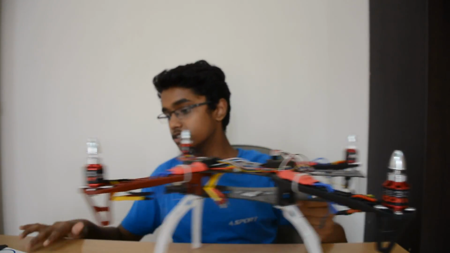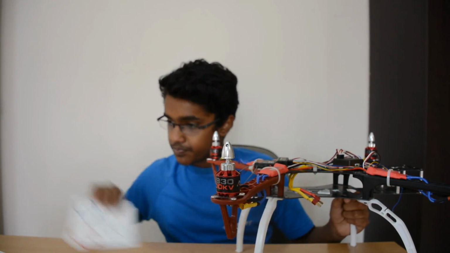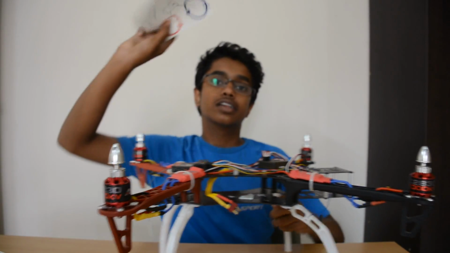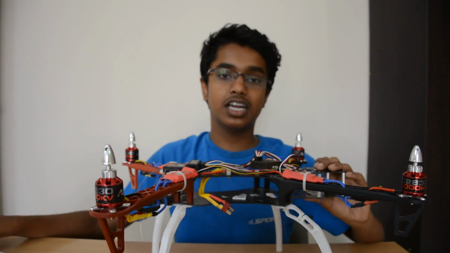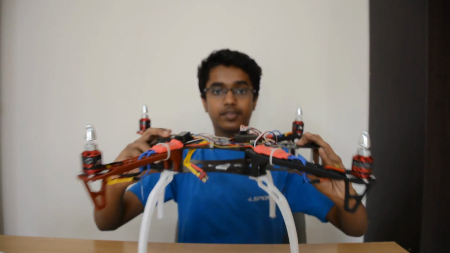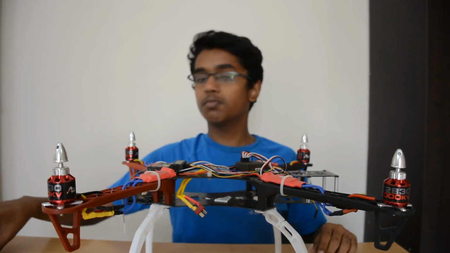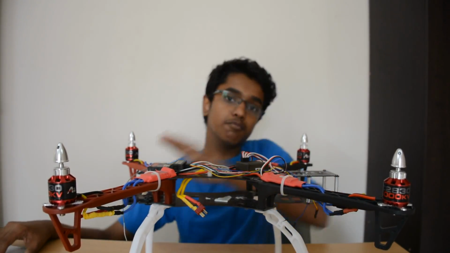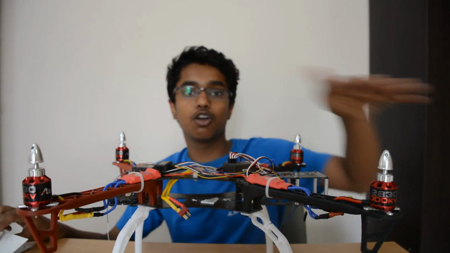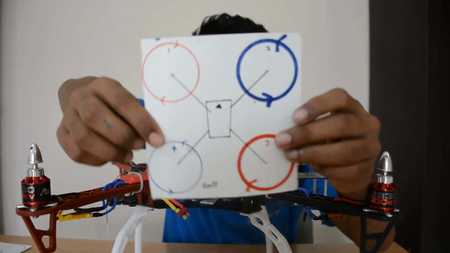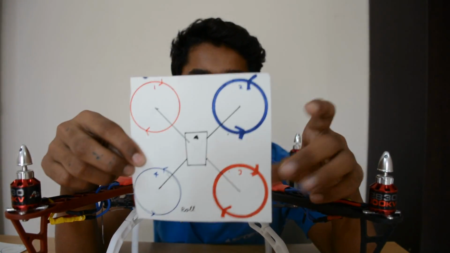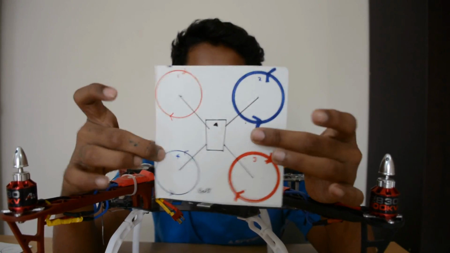Okay, now the next thing is going to be roll. So now what's roll? This is roll. Now the roll means moving left or moving right. So this is done by the quadcopter by switching the same thing but adding 2 faster over here and 2 slow over here. So this is the diagram. Now if you can see, these two are faster and these two are slower.